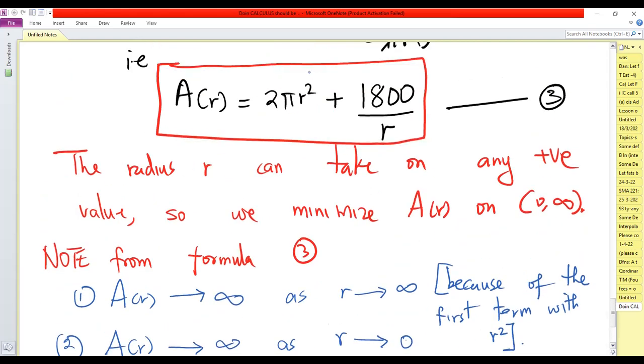Since 1800 is fixed, when r is made very small, the denominator becomes tiny and this term becomes a very, very large positive value.